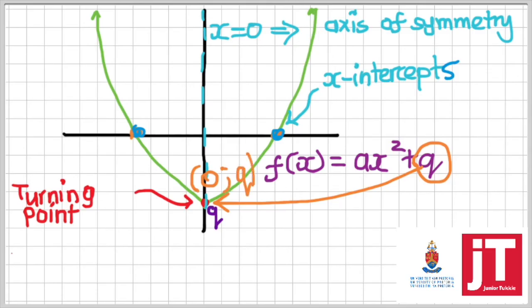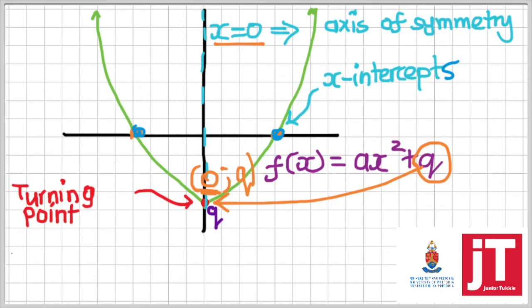So these are the coordinates of the turning point: 0, q. So the x value is the one that led to that equation, your axis of symmetry, which represents a broken line which divides your parabola into two halves.